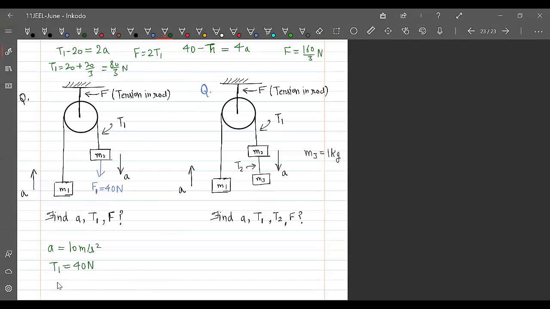And F would be again 80 Newton, twice of the original force. Barbie and Elbit both got the right answer.